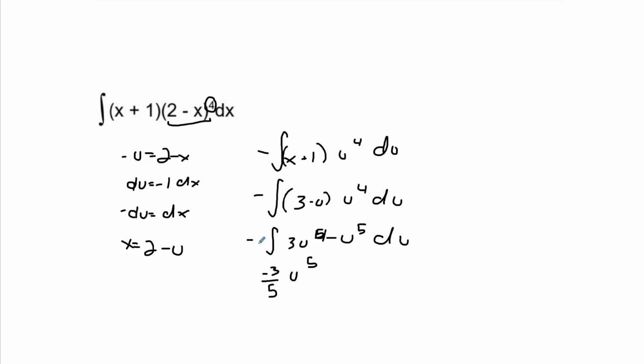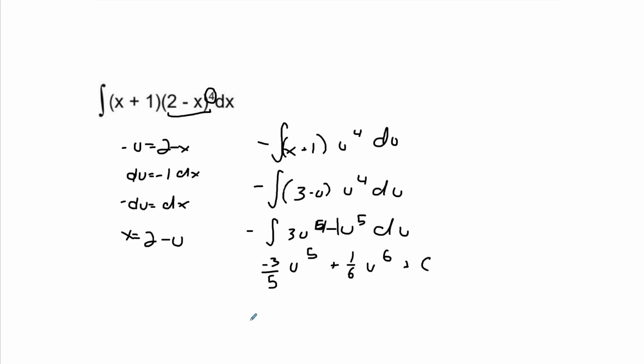Why? Because there's a negative here, so I'm going to distribute it. And then we're going to have a plus u to the 6th, and it's going to be 1/6, so that we'll get a 1 in front, right? And then we'll have a plus c. So it'll be negative 3/5 times 2 minus x to the 5th, and then plus 1/6 times 2 minus x to the 6th, and then plus c.